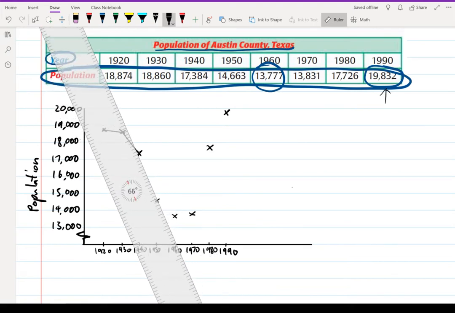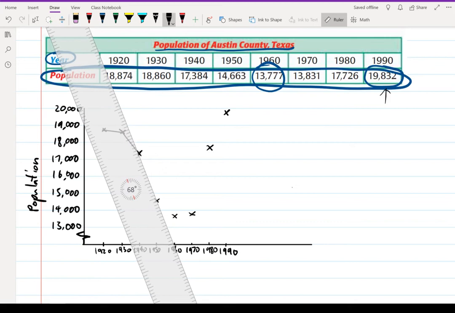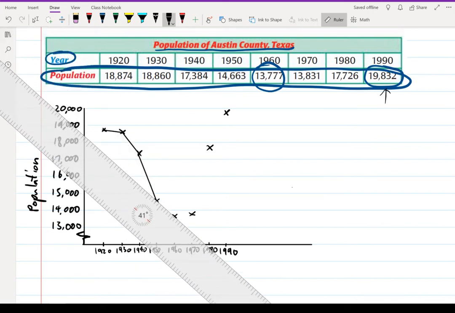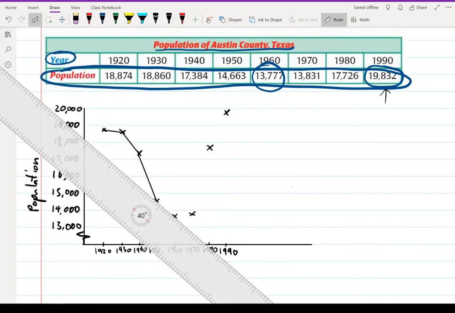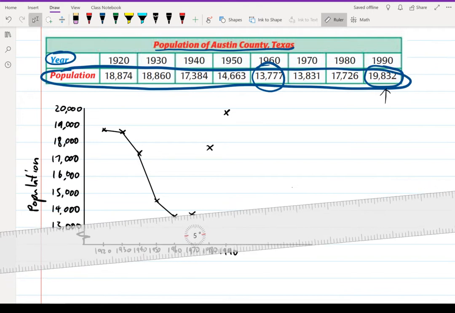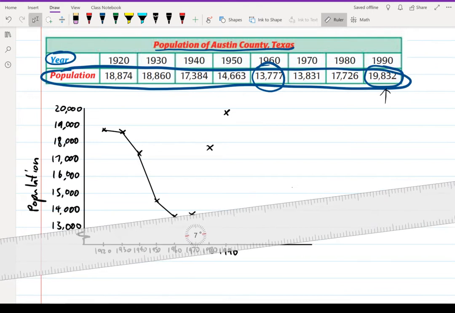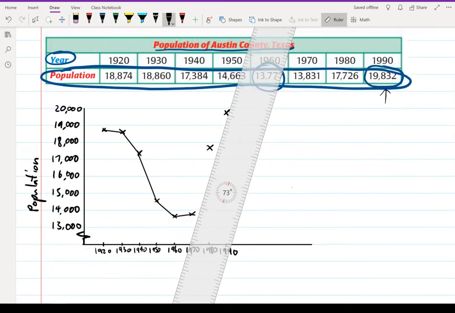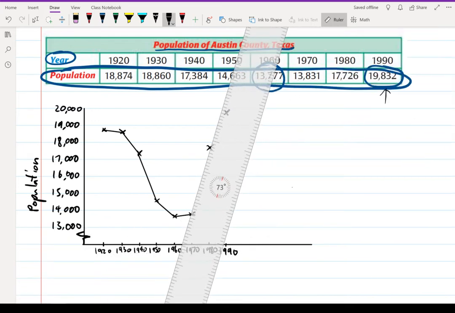It's easier to draw on paper. It's not so easy to draw on this tablet. And then to join this up, do not use a ruler because we want our line graph to be neat.